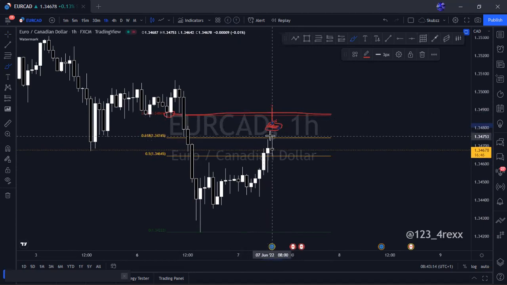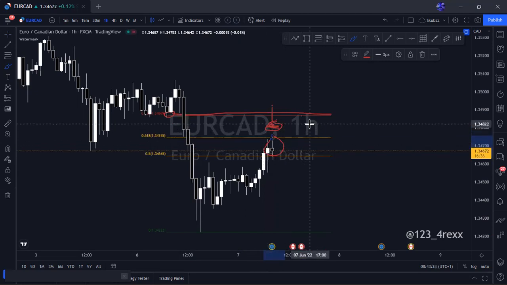Another thing I would love to see is price to reject around here. Give me a rejection candle from here, or just show me any entry criteria from here. Those are the two things I'm actually looking at. Here or here, some areas of interest.